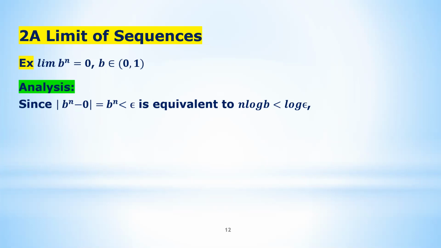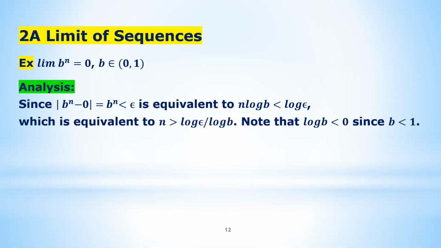So now you can easily solve this inequality. You can see that this inequality is equivalent to n is greater than log epsilon over log b. So basically, we divide by log b on both sides of the previous inequality. But remember that b is between 0 and 1, and b is smaller than 1, so log b is negative.